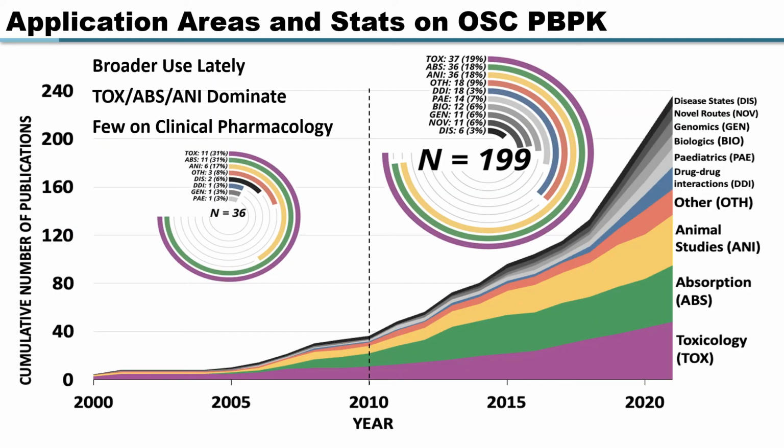The time trend for the application areas indicated much more diverse use of these platforms in different areas, as opposed to the first 10 years in this period. However, even in the recent years, toxicology, absorption, and animal PBPK dominated the application areas of open source code platforms, and clinical pharmacology was a much smaller piece.